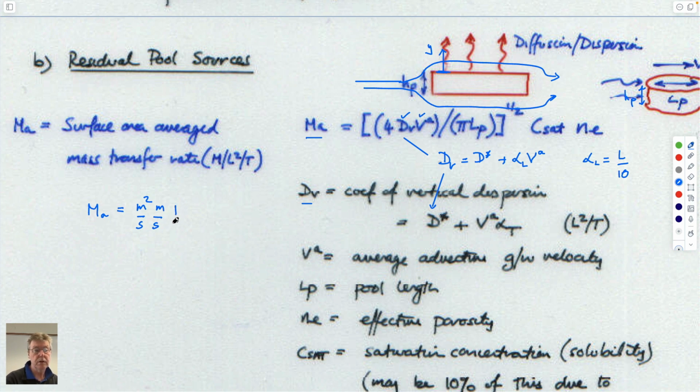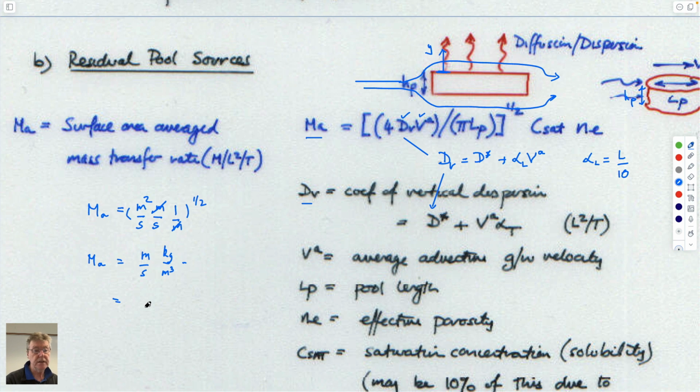And 1 over meters to the half, which is meters per second, I think, right? Meters squared per second squared, square root, multiplied by kilograms per meter cubed multiplied by something.